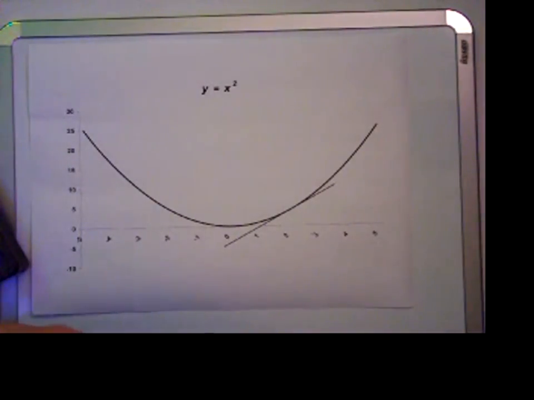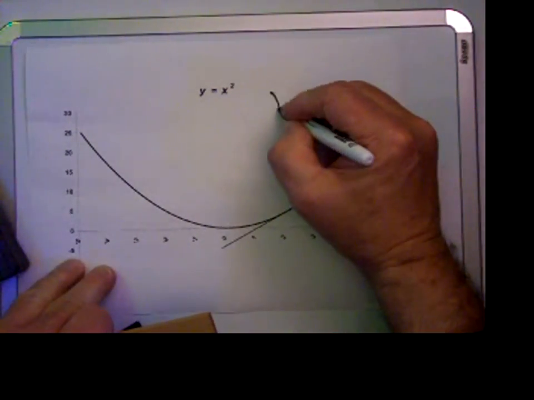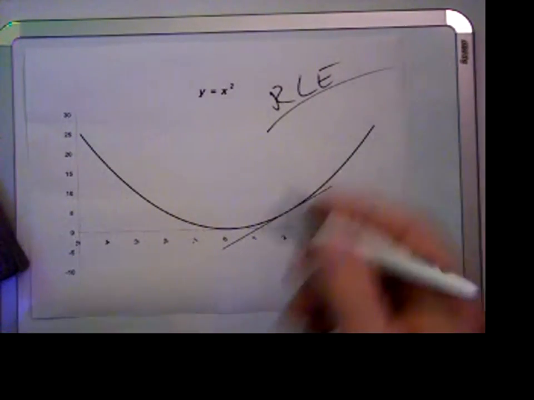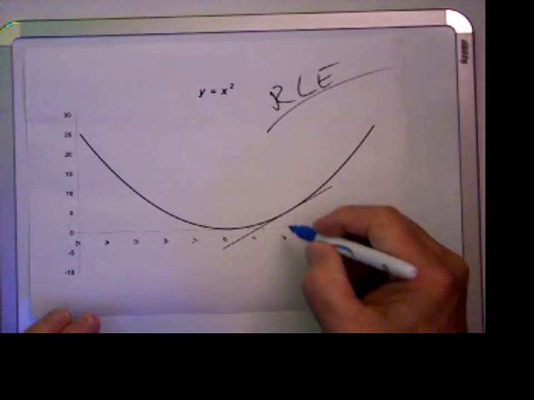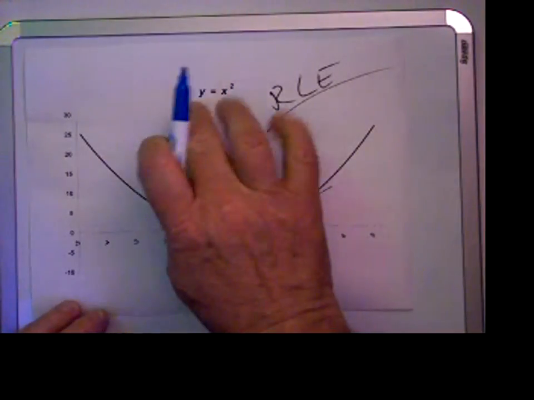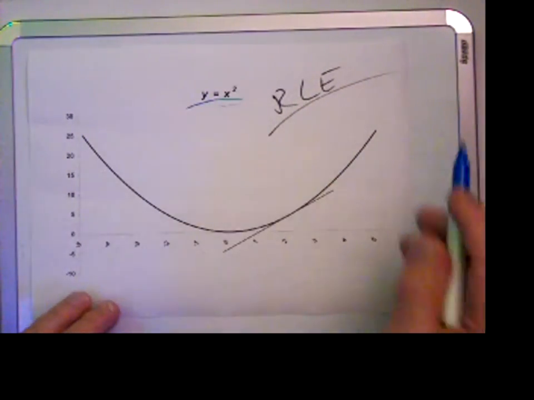But let's say we have a real life example. And here's my real life example. I know my jokes aren't funny, that's why I have this day job. Anyway, the function is y equals x squared, right?